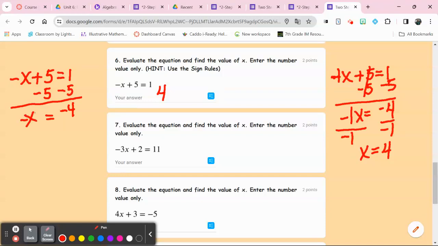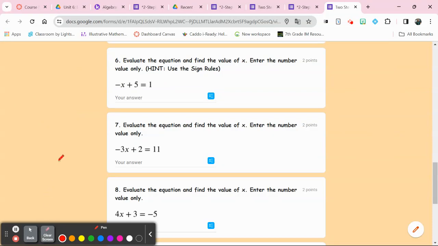And what you can remember, if you don't want to go through the steps of dividing by negative 1, is that you change the sign to the opposite on this side and the opposite on this side, because that's the same as dividing by negative 1. All right, let's go to our next problem.